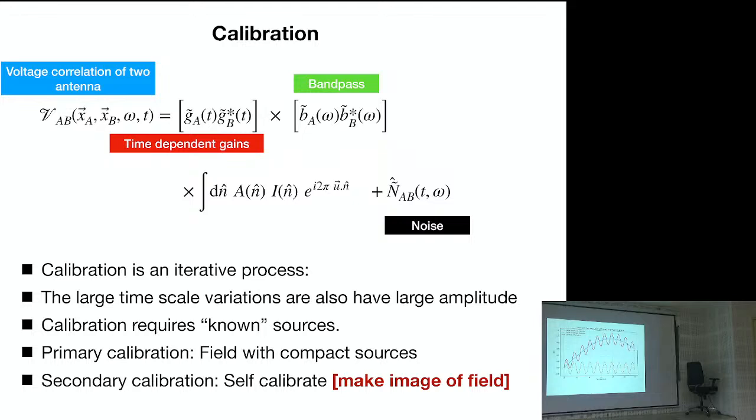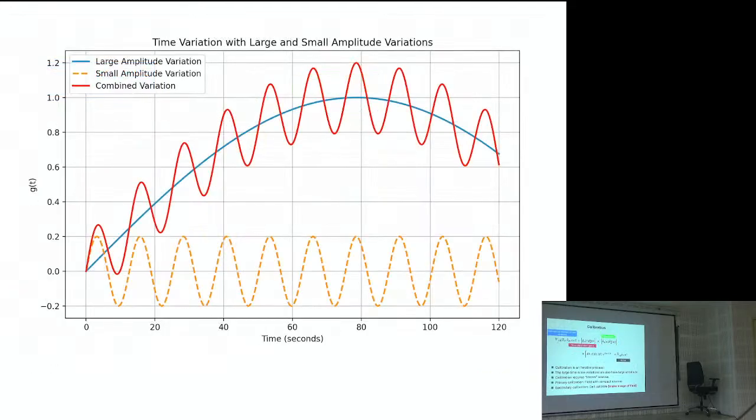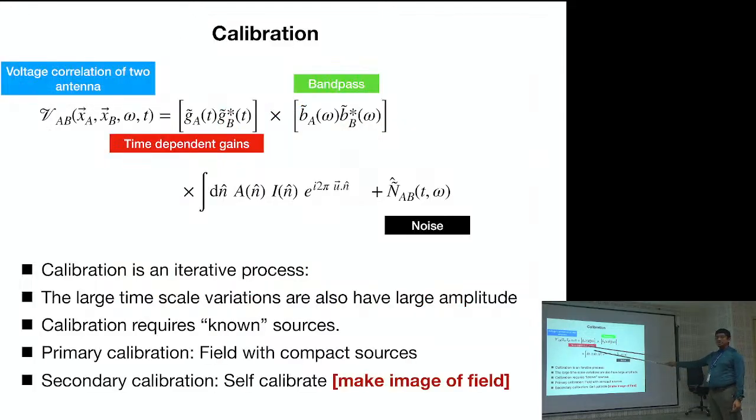The idea is that after you have done the large time scale variation, which has taken care of most of the amplitude of this gain, now the left hand side is roughly equal to the visibility. Very small effects of these are still there, but roughly it is equal to the visibility. Once this is roughly equal to the visibility, I can use the field that I am looking at as my calibrator source.